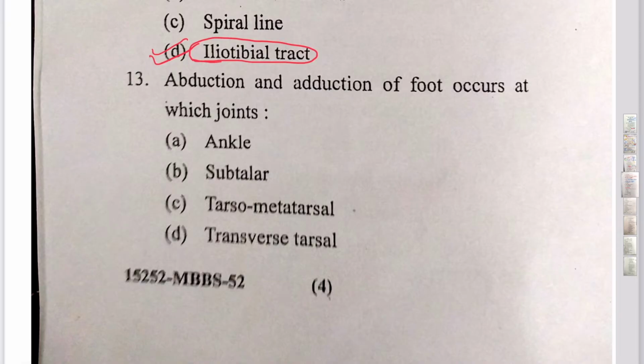Together involving these four movements, we also call it inversion and eversion. So actually inversion and eversion is a combination of dorsiflexion, plantar flexion, adduction and abduction. That together leads to inversion and eversion, and these movements happen at the subtalar joint. So remember, adduction and abduction will happen at the subtalar joint.